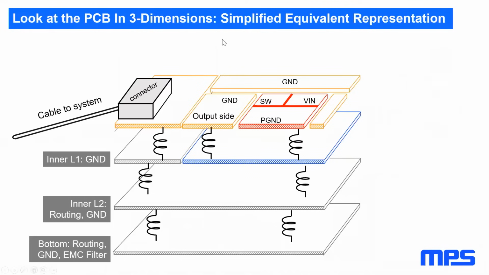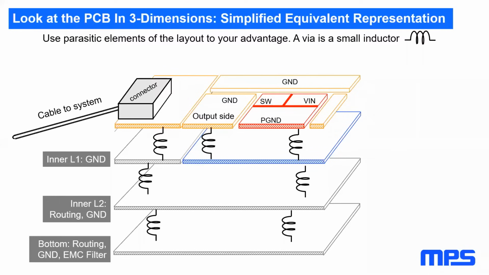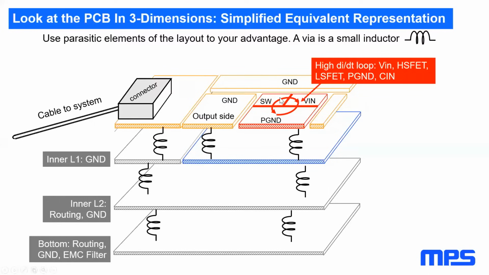If you look at the multi-layer board, a 4-layer PCB for example, on the top side we have the components. All the high di/dt and high dv/dt components should be placed close together. We use a separation of power ground and system ground to separate the noise from the clean area.